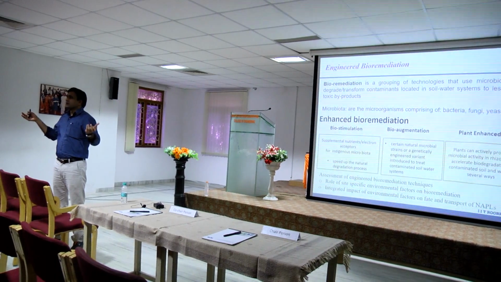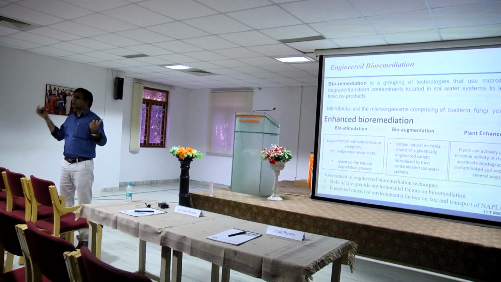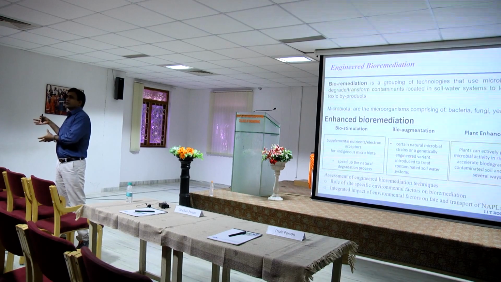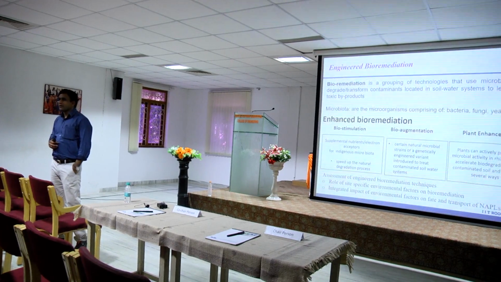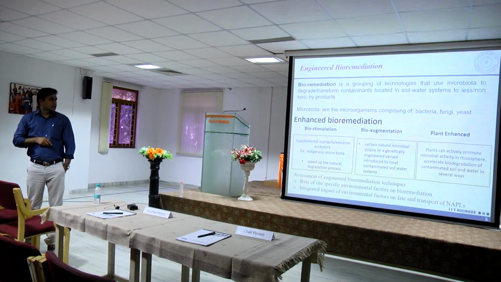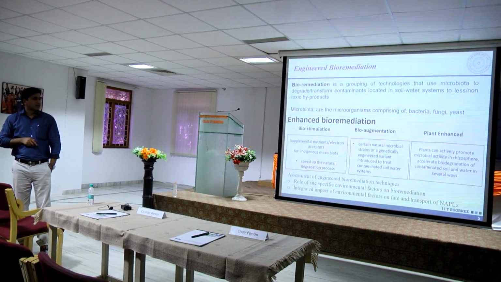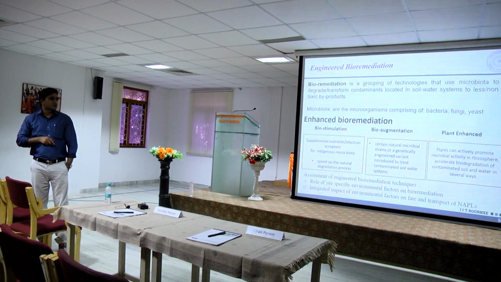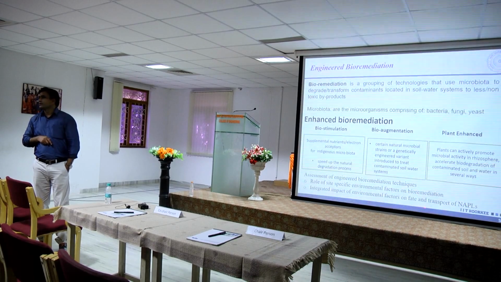It means if the number of these microbes is going to be more, we can expect less time is going to be taken for removing the contaminants. Fine? So that is known as bioaugmentation. So a certain natural microbial strain or a genetically modified variant is introduced to treat the contaminated soil water site.